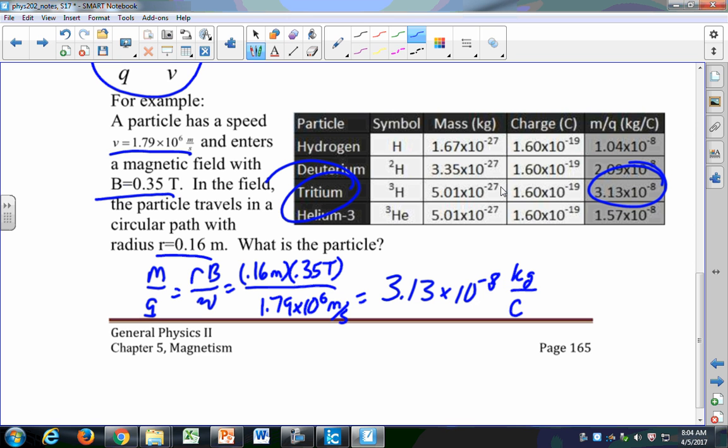Does it just spit out what the particle is? Yep, it goes to the library and suggests various options. Well, this is what it's doing: it's measuring that radius, calculating the velocity, and measuring the mass to charge ratio. You can build one. It's not that hard. You just need copper wire, a vacuum tube, some electrons. You're good to go.